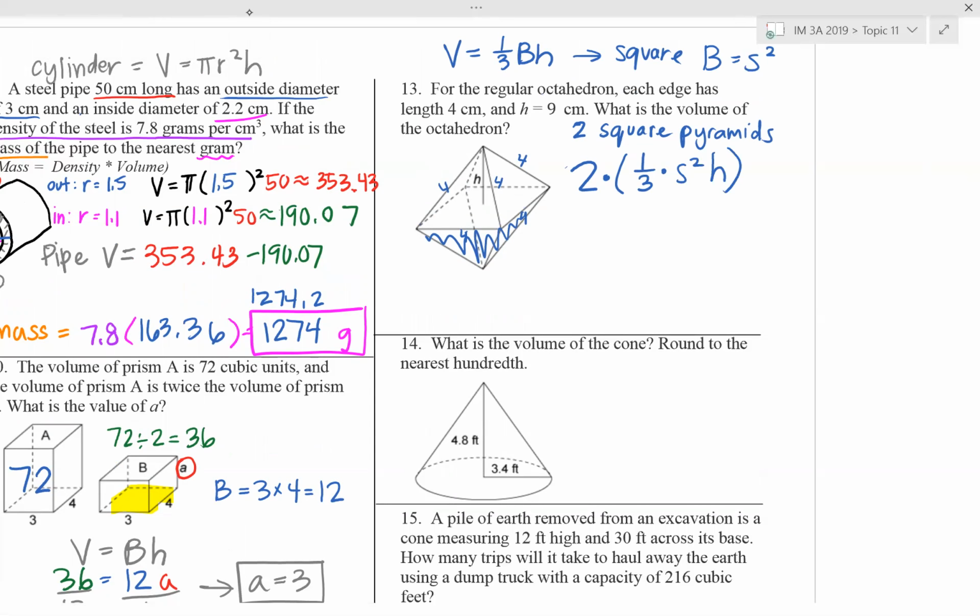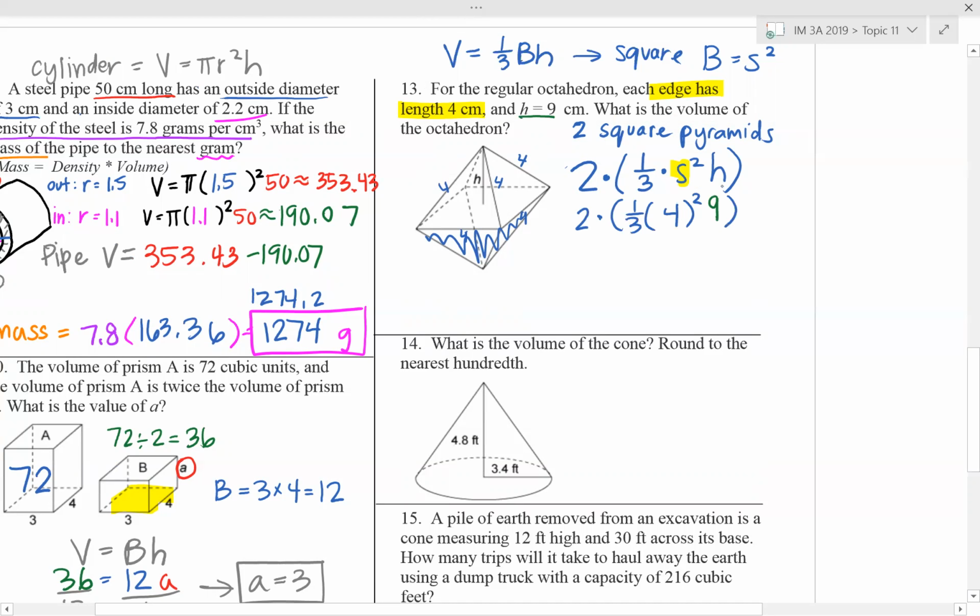The side length is the s, and h is given to us in the diagram. So we're going to do 2 times 1/3 times 4 squared times 9.